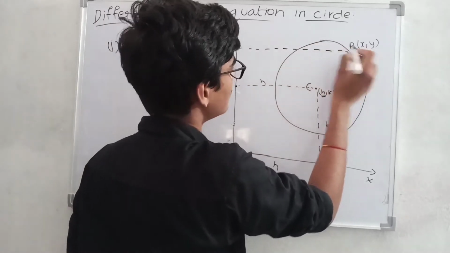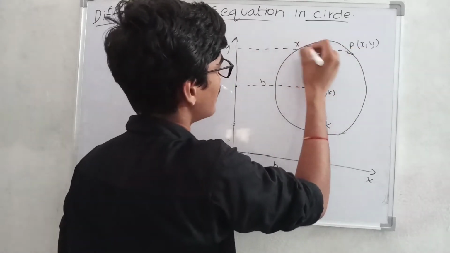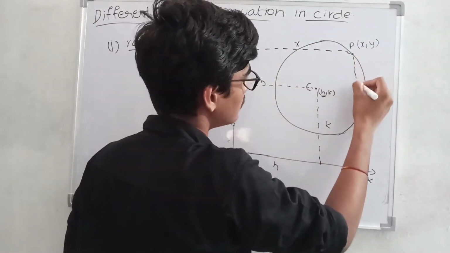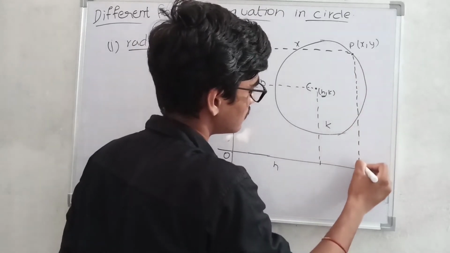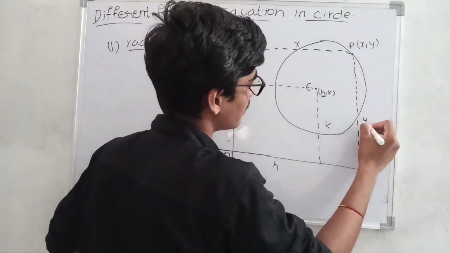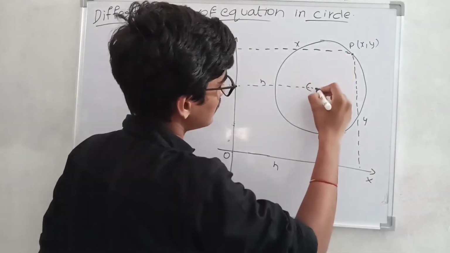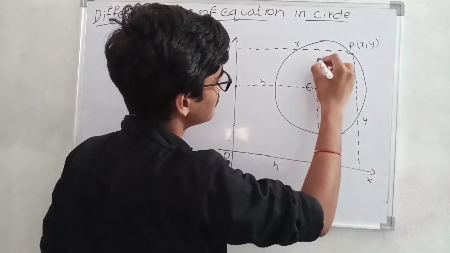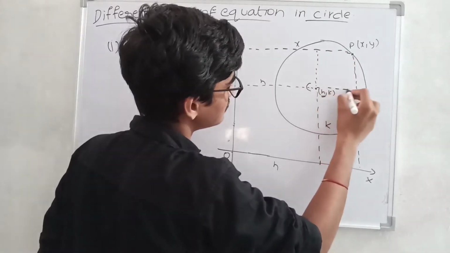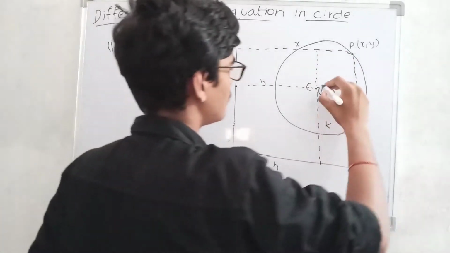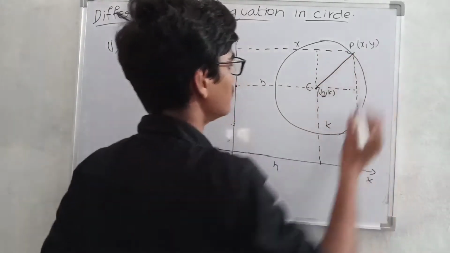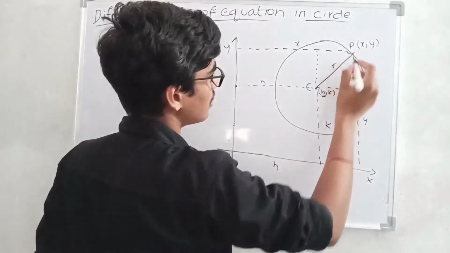This length becomes x and this length becomes y. Then if we extend these lines, CP gives the radius of the circle.